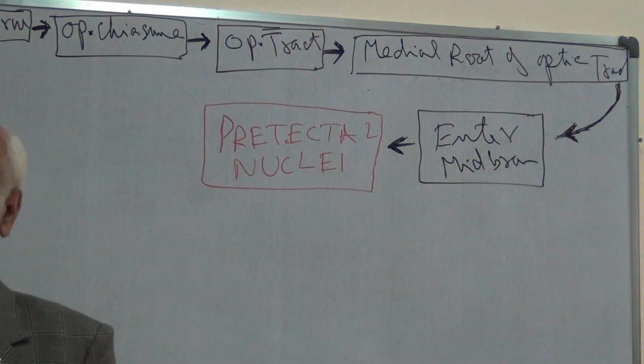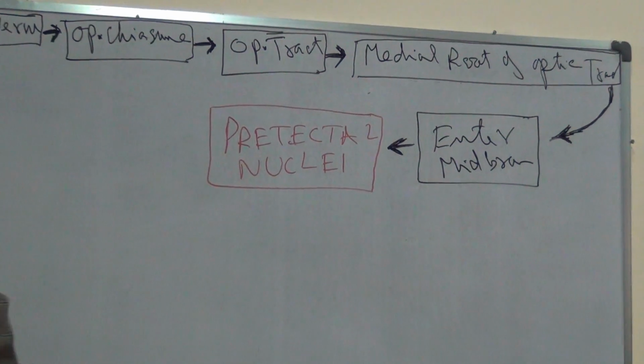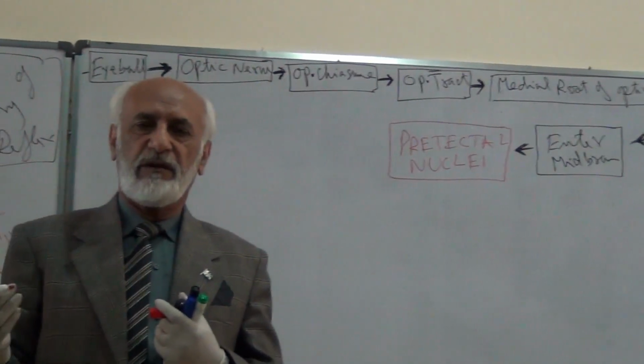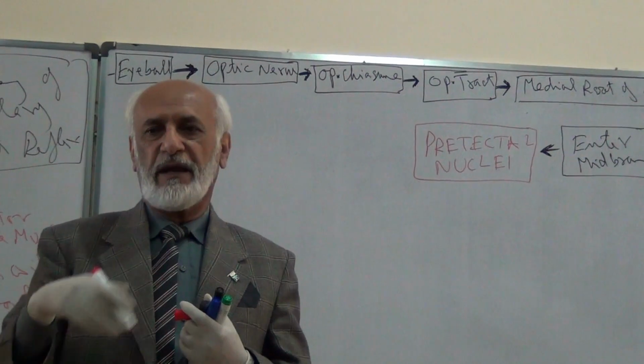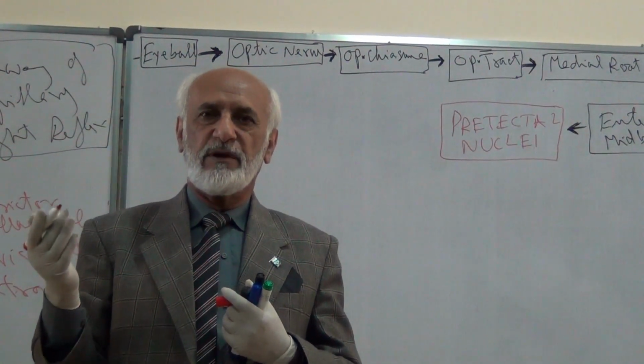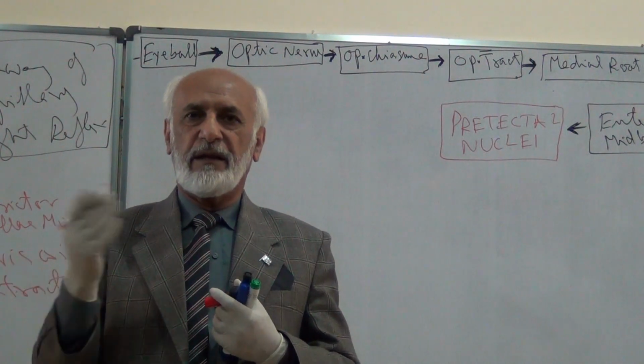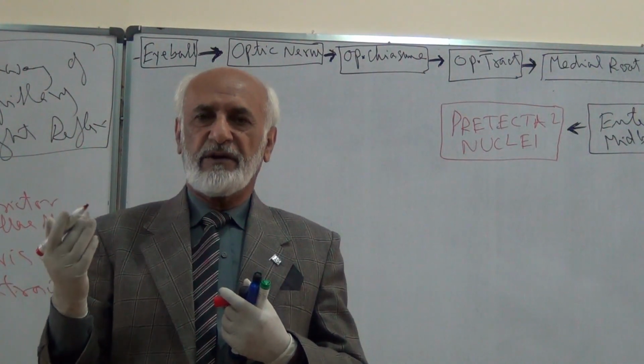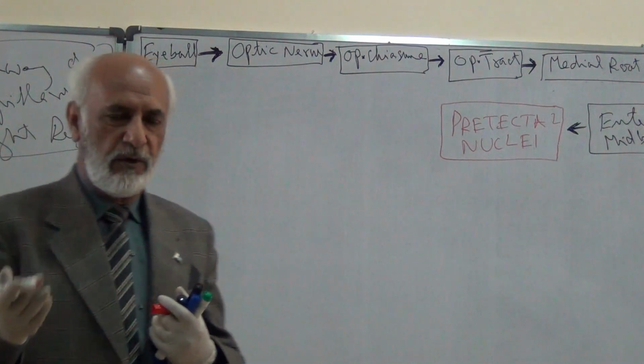Fibers from the right medial root enter the midbrain and have connection with the pretectal nucleus of the right side and at the same time the left side. Similarly, the fibers from the left medial root enter the midbrain and have connection with the pretectal nuclei of the left and also the right side.